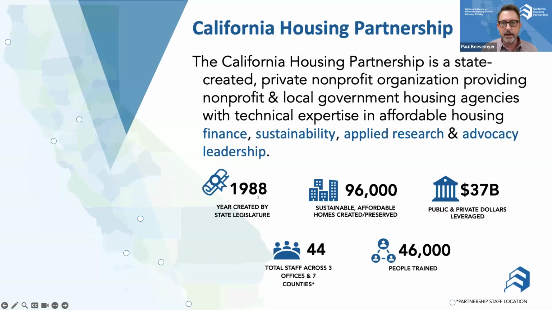So just a brief introduction to the California Housing Partnership. We are a nonprofit think and do tank founded by the state legislature in 1988. We are not an organ or an instrumentality of the state. However, the governor and the leaders in the legislature do appoint our board. We were founded to do two things: to preserve existing affordable homes throughout the state that were in danger of losing their long-term affordability restrictions, and to help create additional affordable housing throughout the state for low-income Californians.